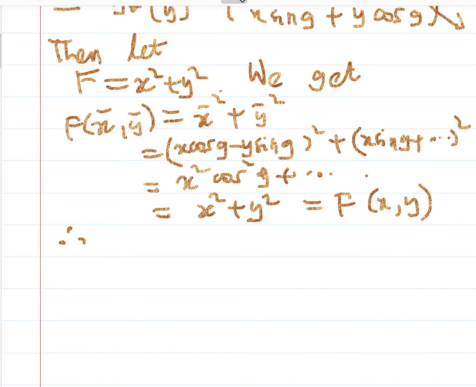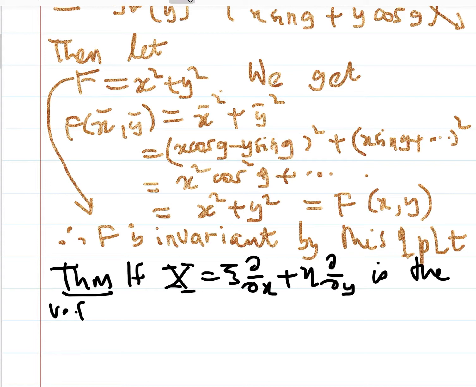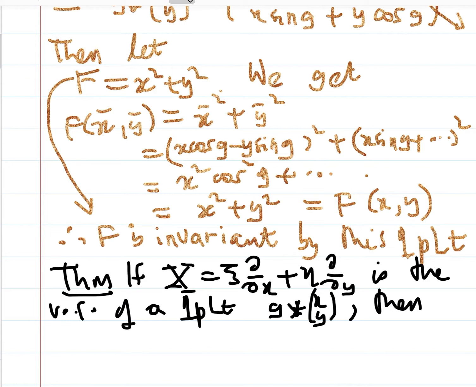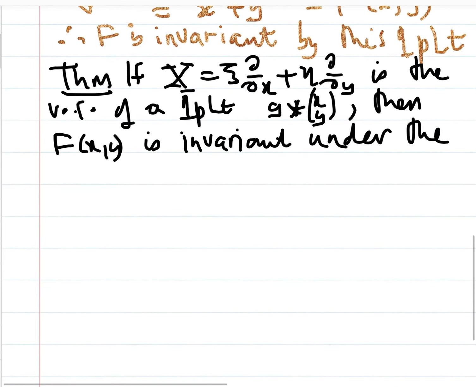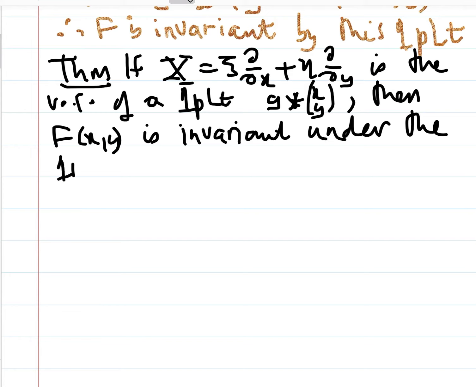So if the vector field X is equal to, say, xi dx plus eta dy, the tangent vectors, is the vector field of a one parameter Lie group of transformations given by g star xy, then a function f is invariant under this one parameter Lie group of transformations if and only if the vector field X acting on f is equal to 0.